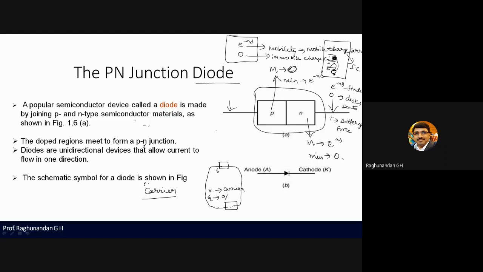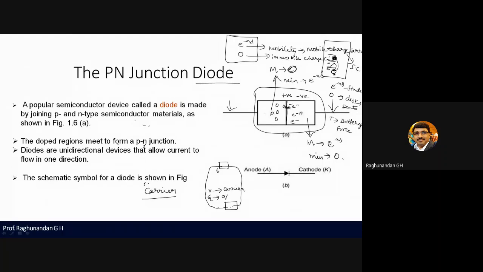So here in the PN layer, when you are sandwiching the P and N layers, here we are all having the holes, and here we are all having electrons. See what happens: these holes are positive charges, electrons are negative charges. So when the holes and electrons are very near to this particular junction, they will recombine.